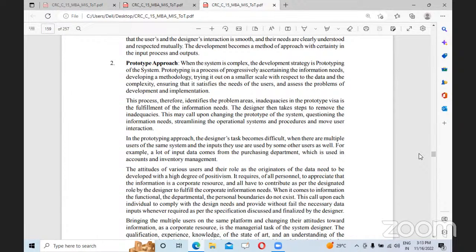Next one is the prototype approach. When the system is complex, the development strategy is prototyping of the system.